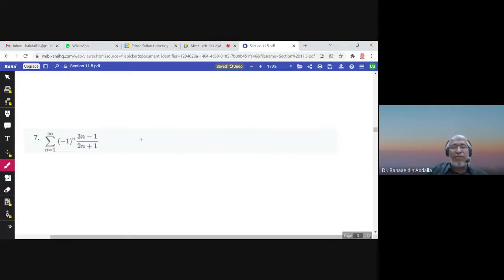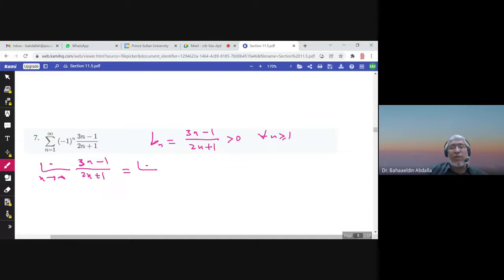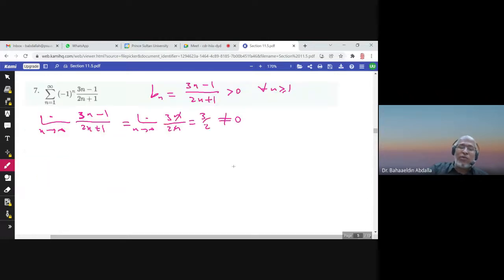While here Bn is 3n minus 1 over 2n plus 1, and the limit of 3n minus 1 over 2n plus 1 when n goes to infinity is the limit of 3n over 2n. It's 3 over 2, not 0.